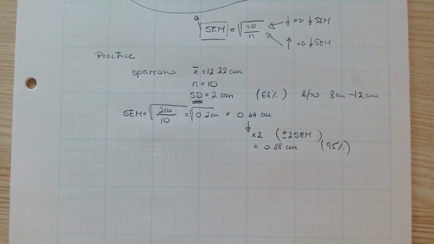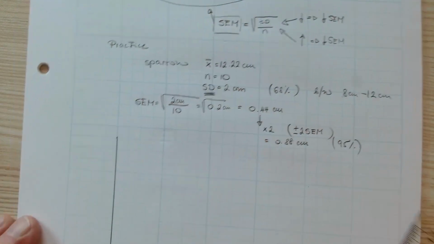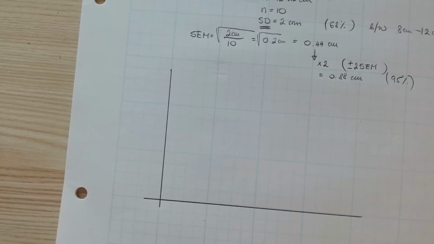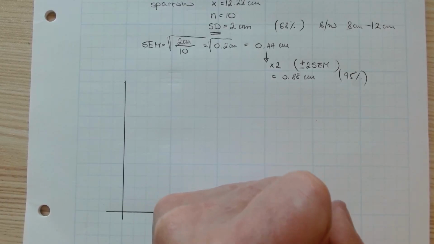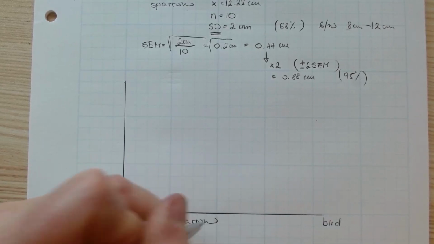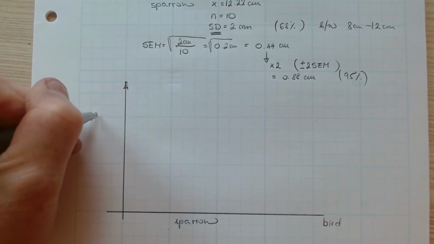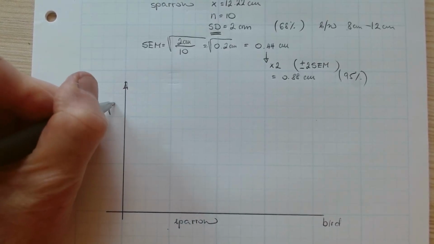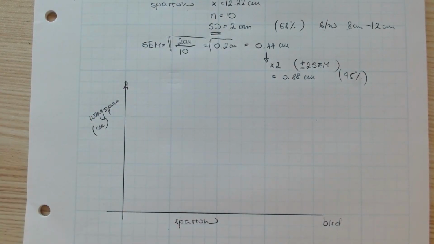Let's put it into a graph. How would it look? Graphing it. So this is the bird, the independent variable, the sparrow. And this is the dependent variable, the wingspan, and put the unit in parentheses.